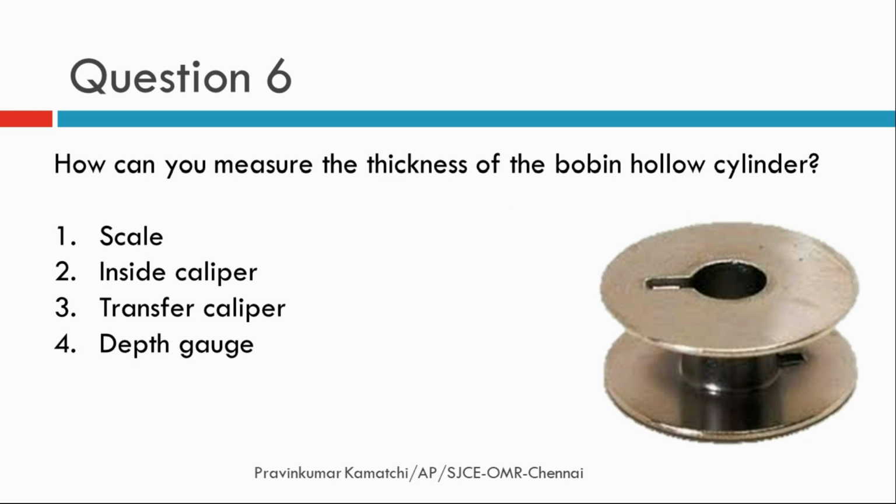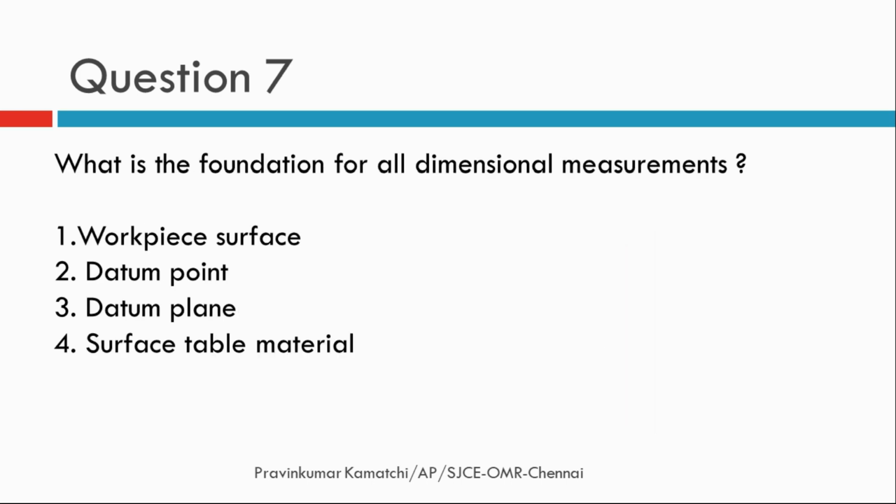Scale. 2. Inside caliper. 3. Transfer caliper. 4. With the help of a depth gauge. Question number 7. What is the foundation for all dimensional measurements? Workpiece surface, datum point, datum plane, or surface stable material?